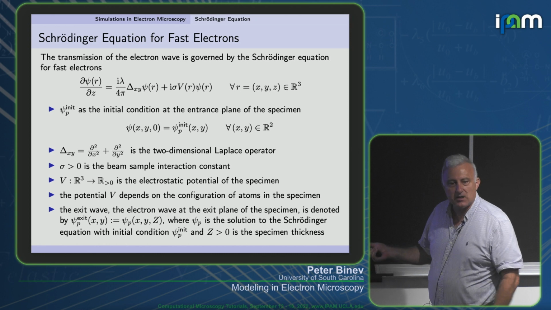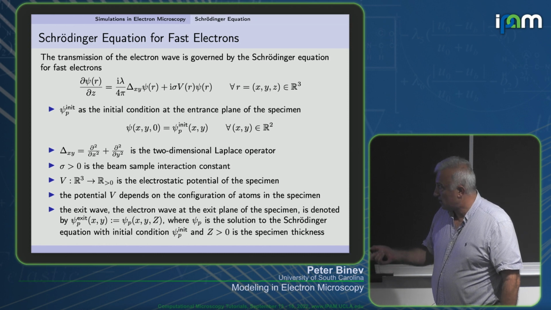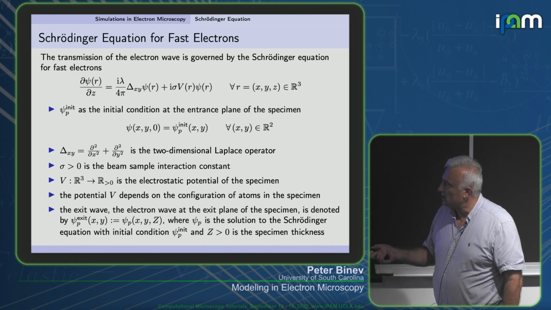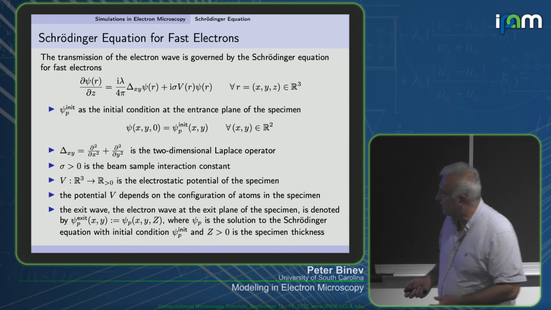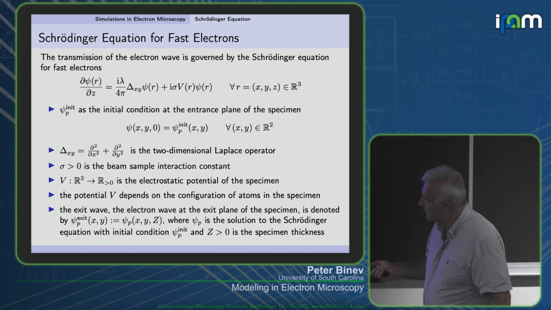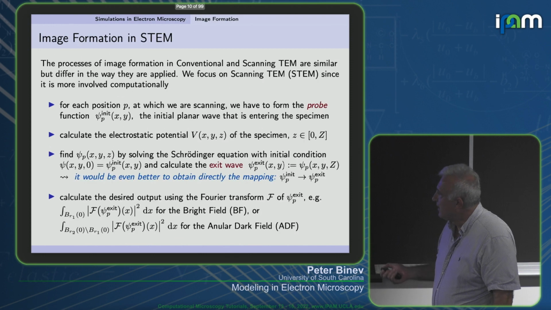So this linearity helps a lot in simplifying things. And in addition, as I said, it is relatively close to the essential results of the solution of the Dirac equation. So that's why we can do it.